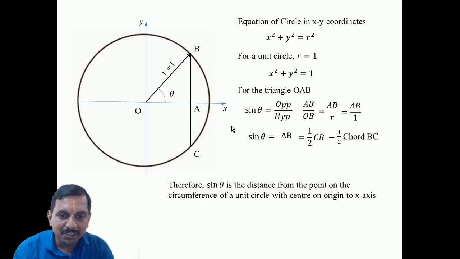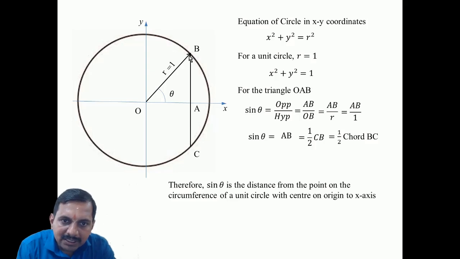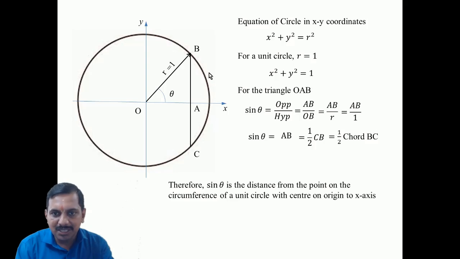Another way of interpretation is that sine theta is the distance from the point on the circumference of a unit circle with center on origin to the x-axis. That means BA is the distance of the point on the circumference to the x-axis. Now this relationship is much better to understand.